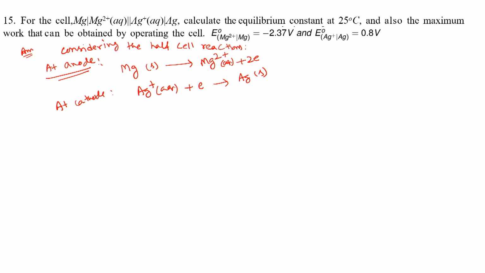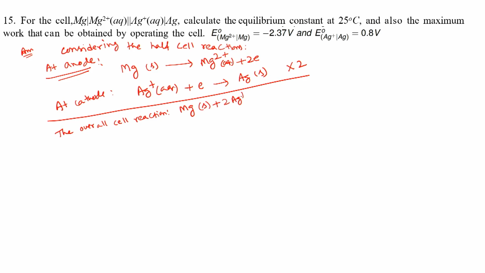So if you multiply this equation by 2, the overall cell reaction will be Mg solid plus 2 Ag+ aqueous gives Mg2+ aqueous plus 2 Ag solid, right. So this is the overall cell reaction.